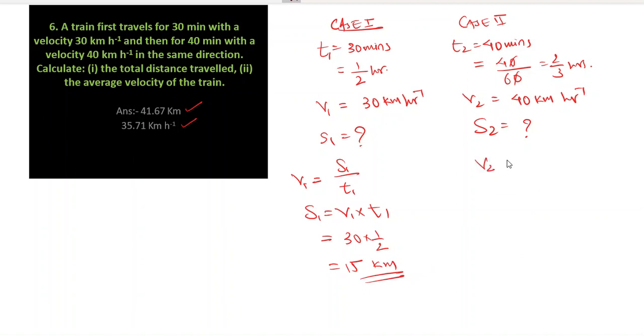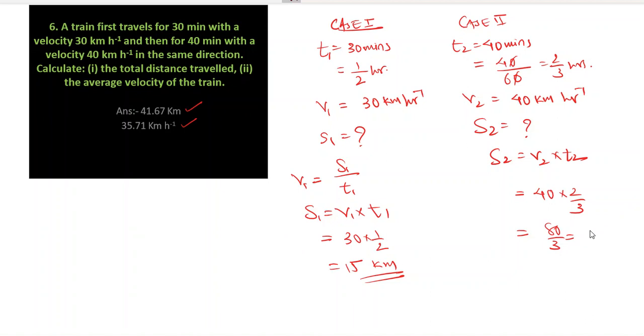And second displacement is V2 into T2, which is 40 multiplied by 2 by 3, that is 80 by 3. Let's find it out.